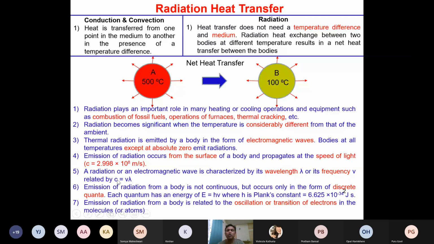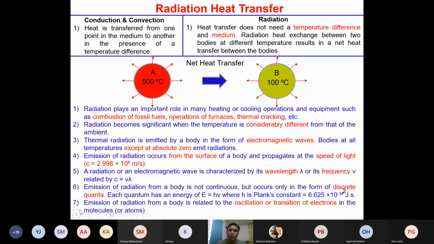Again, radiation or an electromagnetic wave is characterized by its wavelength lambda or its frequency nu, such that C = nu lambda. This is very important. What is important here is wavelength and frequency, and the multiplication of wavelength and frequency equals the speed of light C.